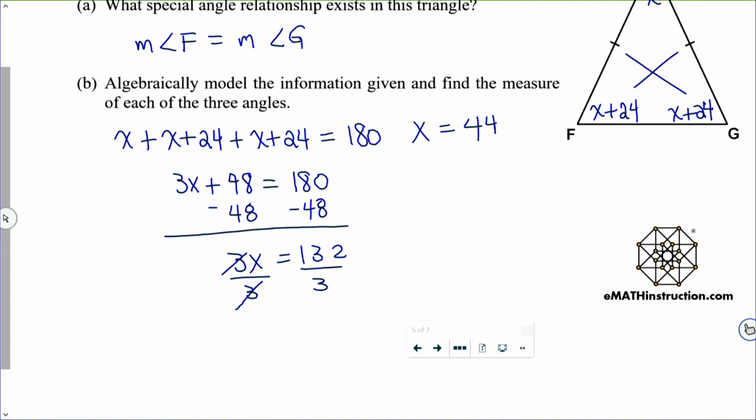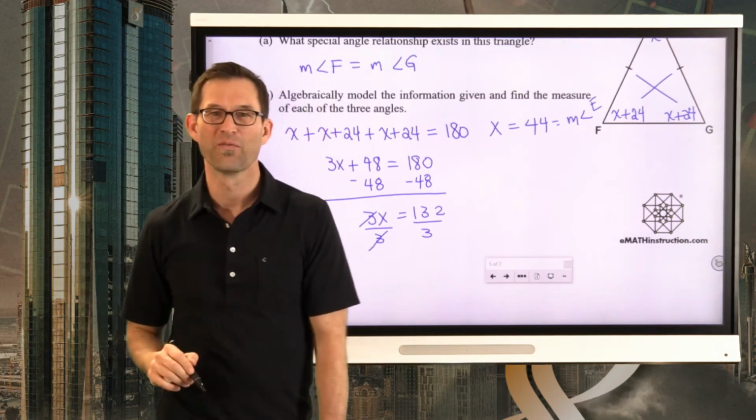Let's try 44. Yep, that's right. And of course, that's now the measure of angle E, as it often is, right? The value of x or whatever variable we've chosen to use is oftentimes the value of one of our angles. So the measure of angle E is 44 degrees.